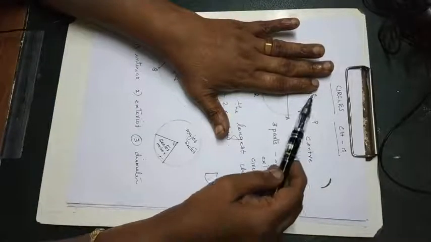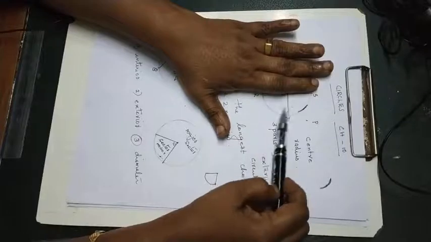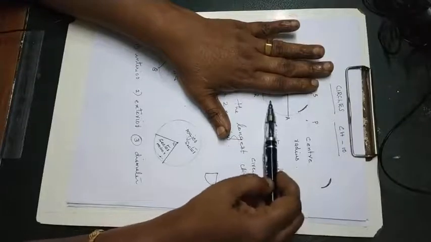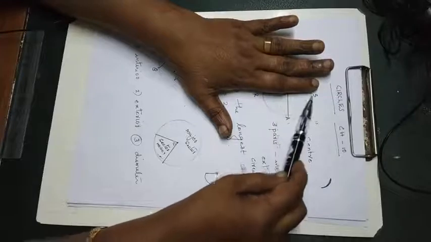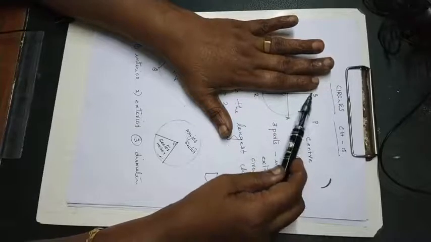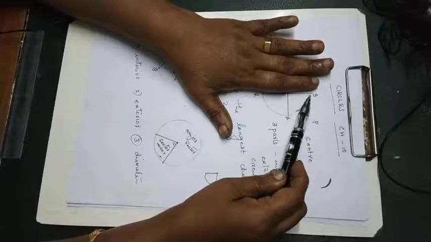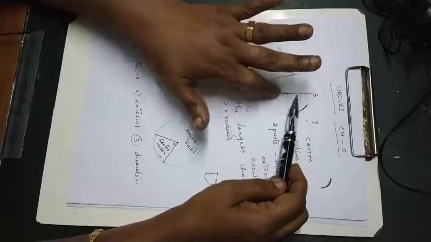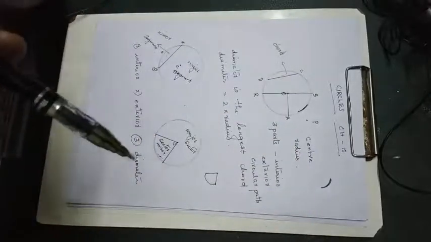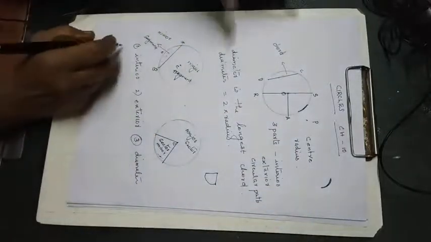That means what will it come? It is a semicircle, half of the circle. So arc means this much portion will come, its endpoints are the diameter. That means semicircle, half of the circle. That is a semicircle.